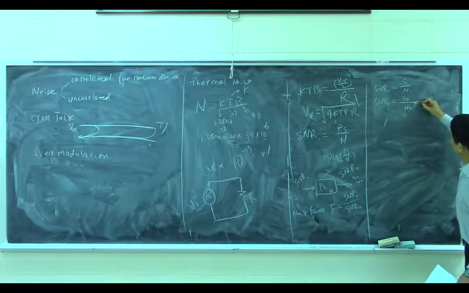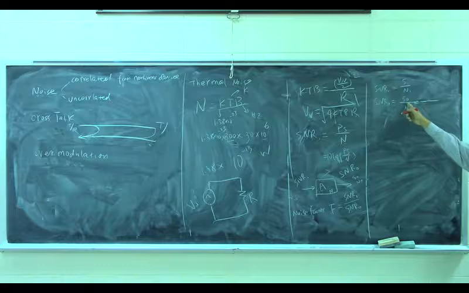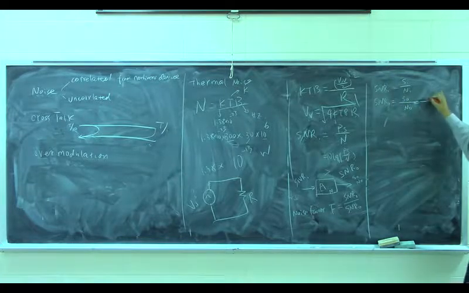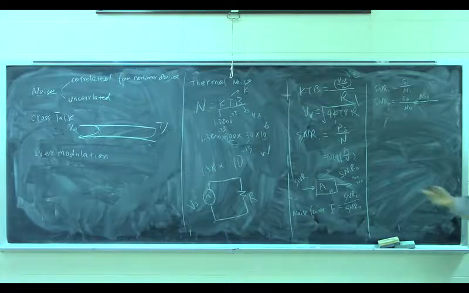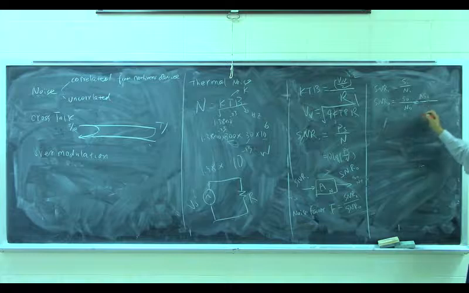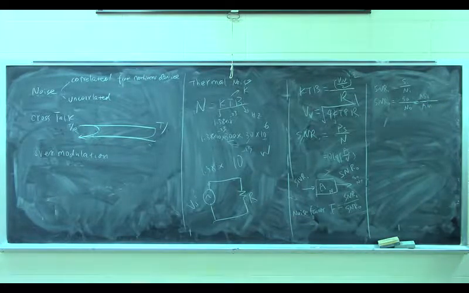So what is this? So, the output signal, equals the input signal times the gain. That's the linear amplifier, right? And the output noise equals the input noise, also multiplied by the gain A, but we have additive noise here.